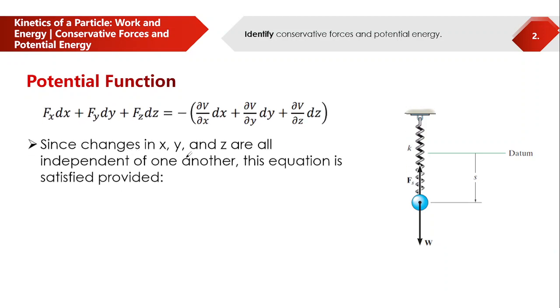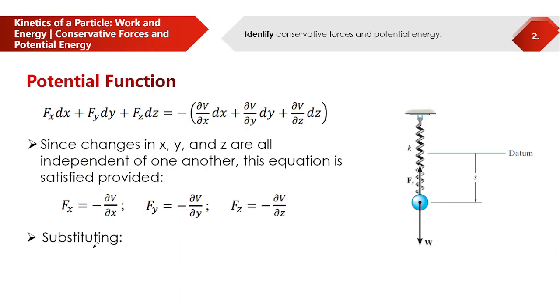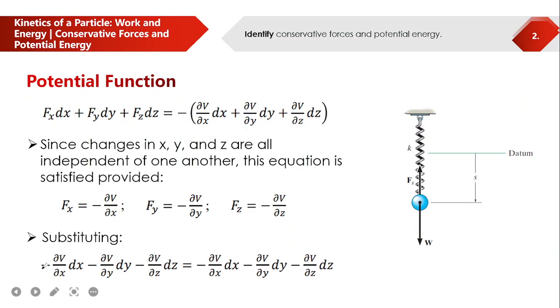Since changes in x, y, and z are all independent of one another, this equation provides, ayan, Fx is equals to negative partial derivative V over x. Same thing with the y and z. So, substitute lang natin. So, yung Fx will be this one.